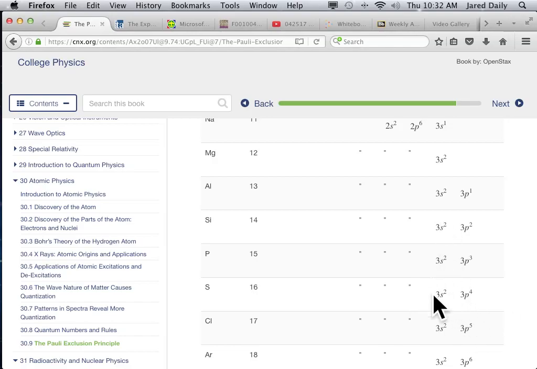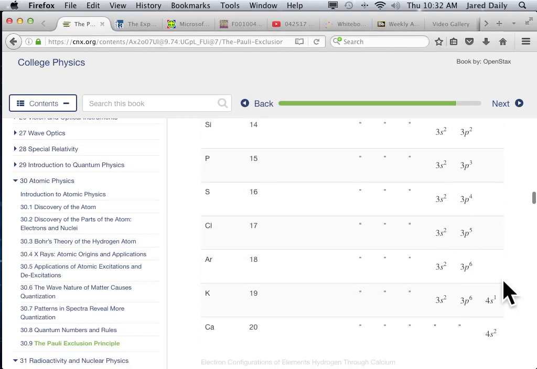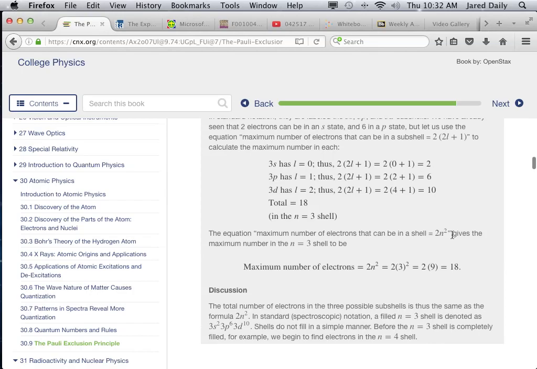So S's can only have a maximum of 2, and P's and D's can only have 6 each, for a total of 8 in each level. And again, it comes down to kind of counting on the periodic table.